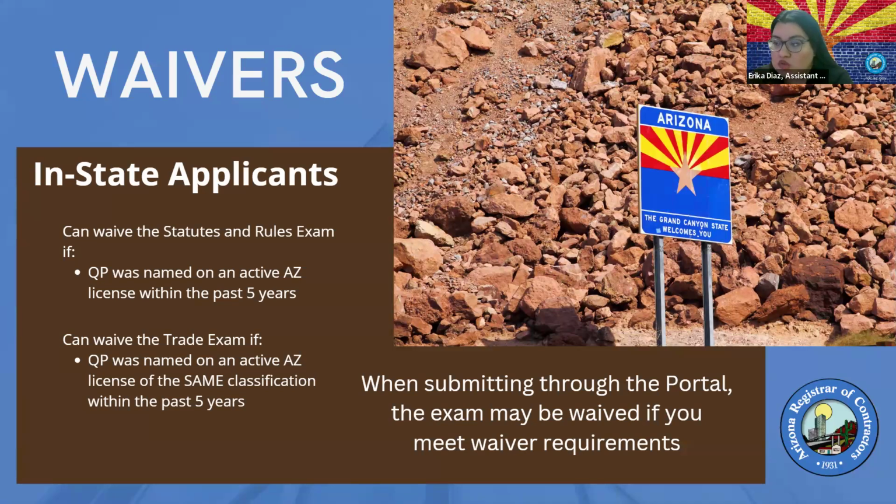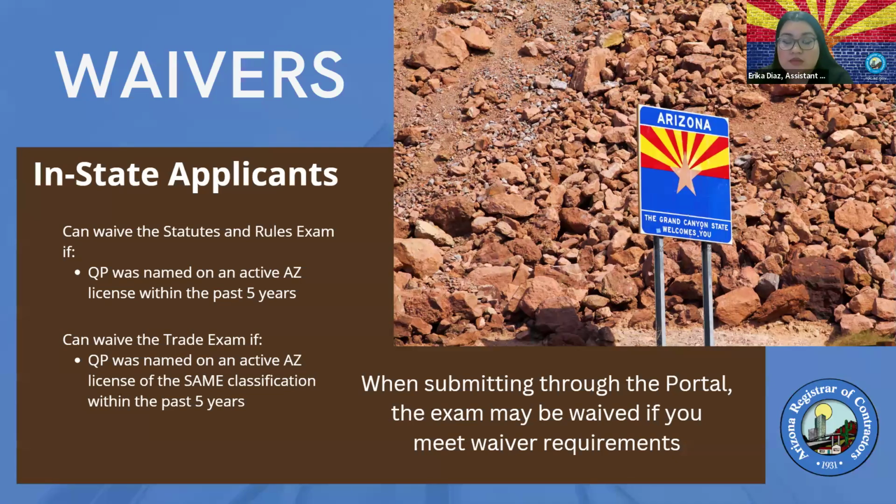And then same thing goes for the trades exam. However, the trades exam is a little bit different. We're looking at the same criteria: the qualifying party can waive the trades exam if they have been on a license within the last 5 years of the same classification. That is where it is a little bit different. The statutes and rules exam is one exam that is the same for everyone.